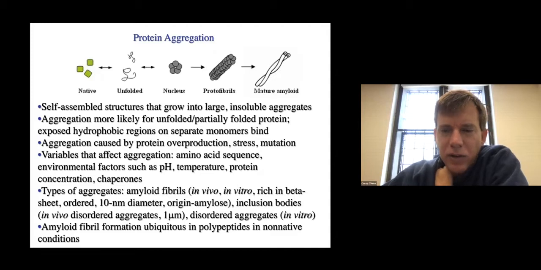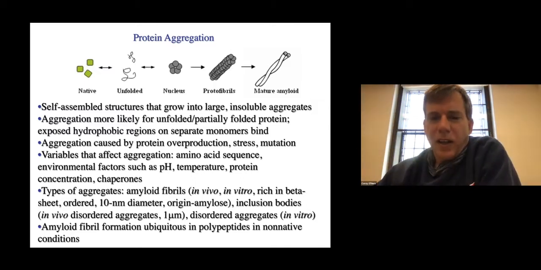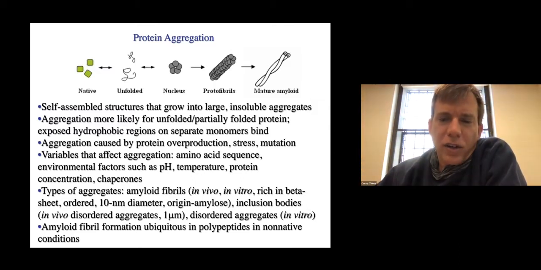But amyloid fibrils are typically rich in beta sheet structure, and they're ordered, as opposed to various inclusion bodies or disordered aggregates, where they're not forming ordered substructure.